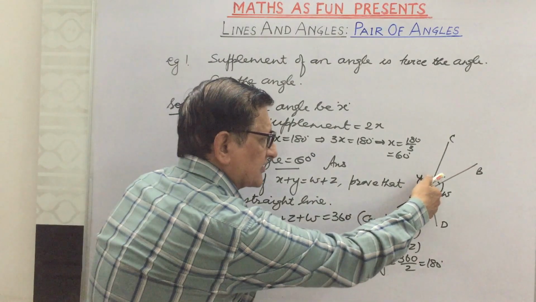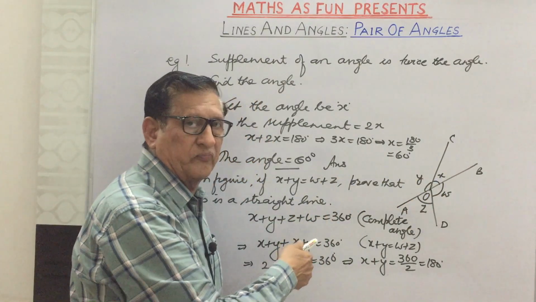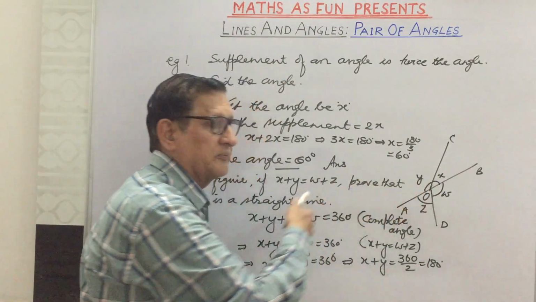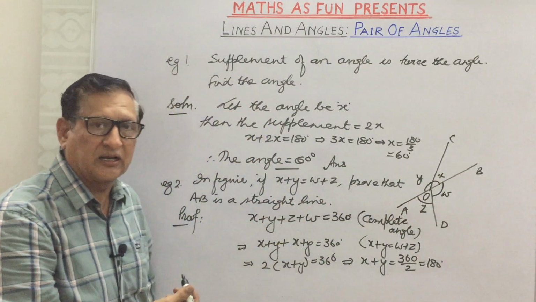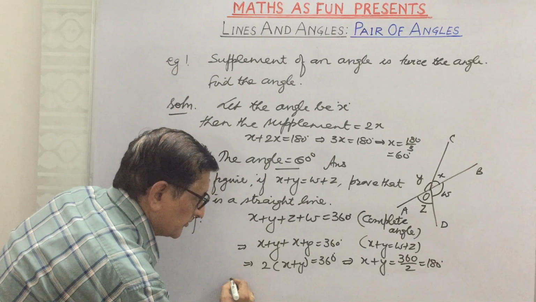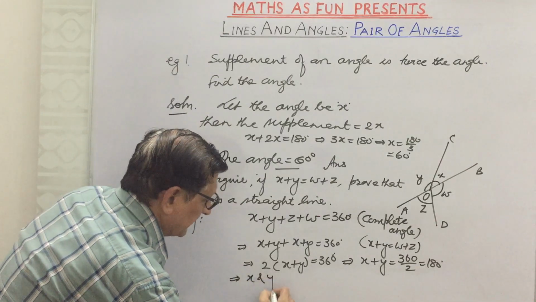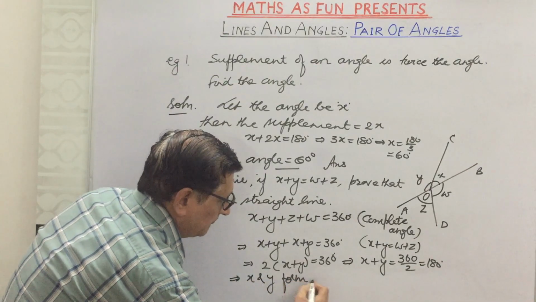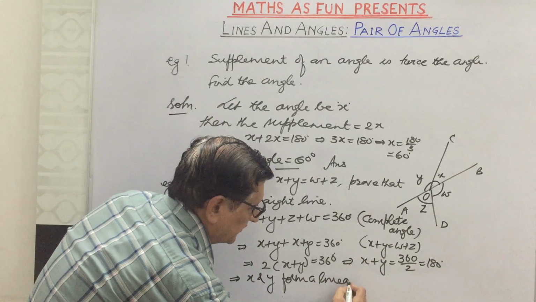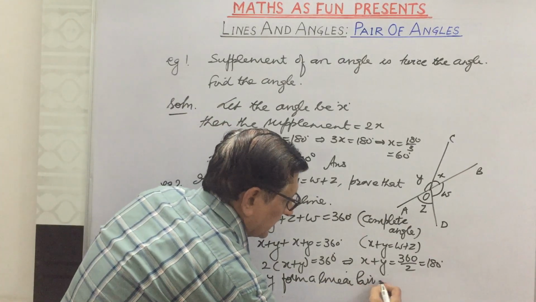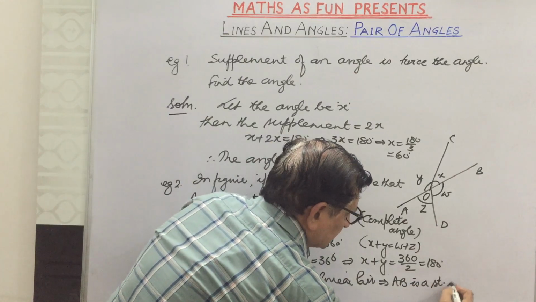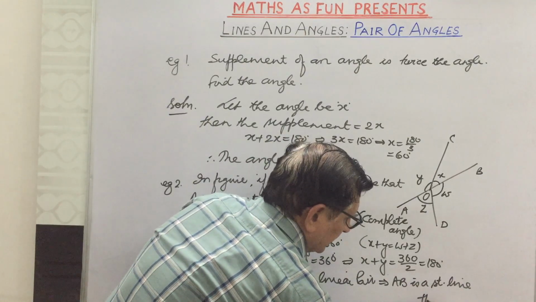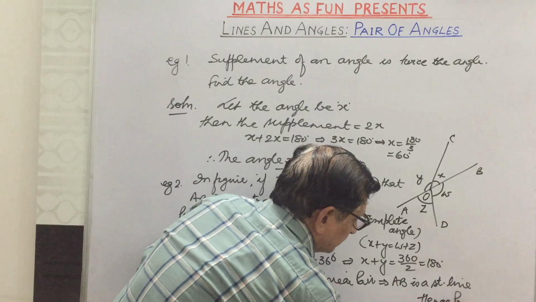And if the sum of x and y is 180 degrees, they are forming a linear pair. And if this is a linear pair, then AB is a straight line. So we write here, this implies that x and y form a linear pair. This implies that AB is a straight line. And that's what we had to prove.